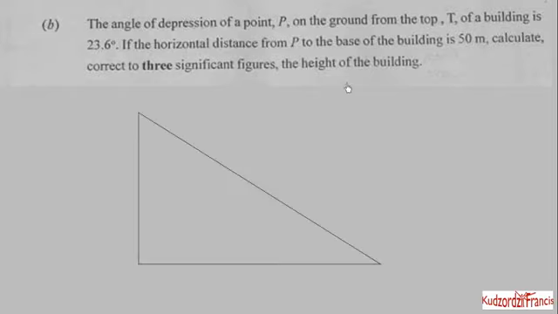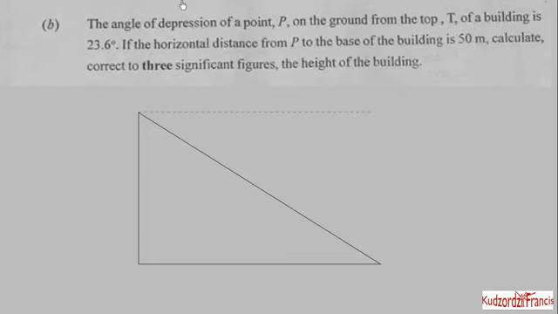So we need to draw the diagram. Let this be the building, and we're given the angle of depression. It means that the top of the building is here and the point is here.